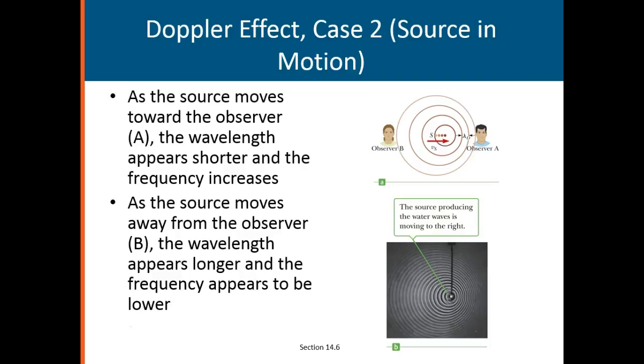The actual wavelength is the same, but it seems to be shorter because the wave fronts are reaching them in shorter time intervals because the source is moving. So the frequency increases. As the source moves away from the other observer B over here, then the wavelengths appear longer and the frequency appears lower.